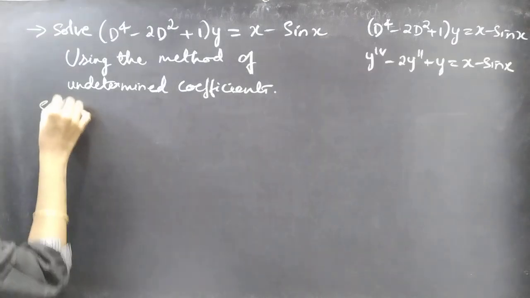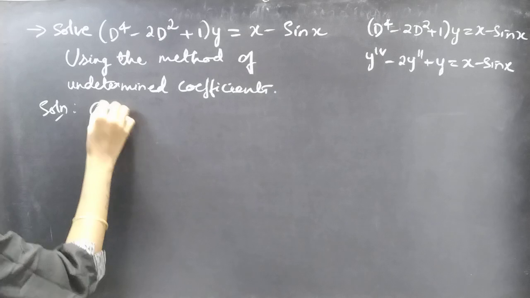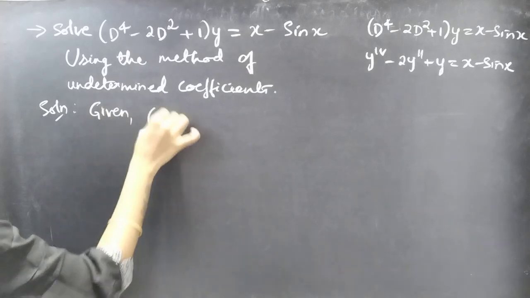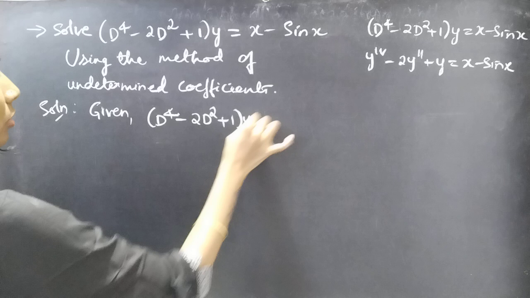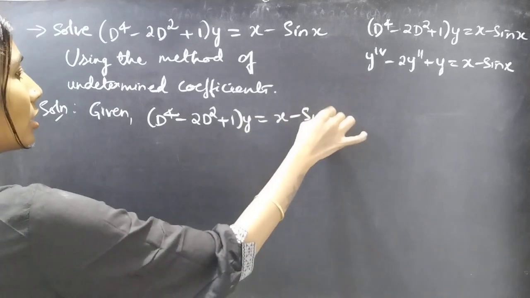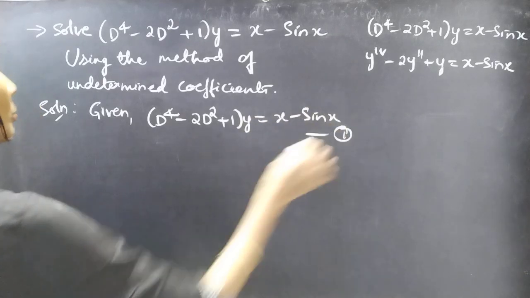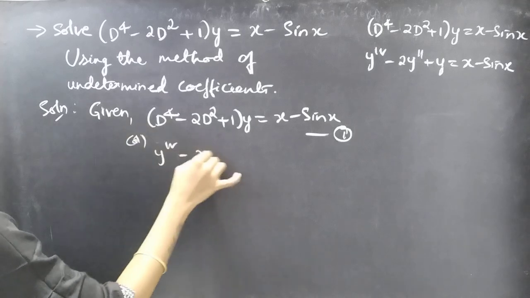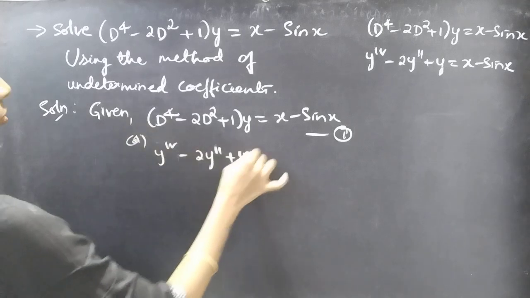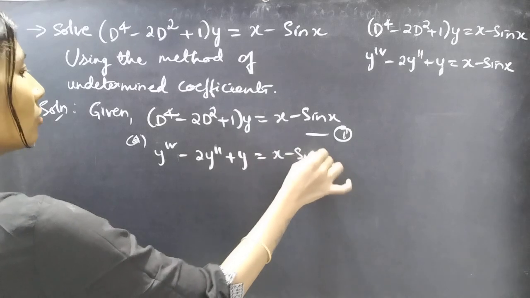Coming to the problem, the given differential equation (D^4 - 2D^2 + 1)y = x - sin x is considered as equation number 1, or we can write this as y'''' - 2y'' + y = x - sin x, right?